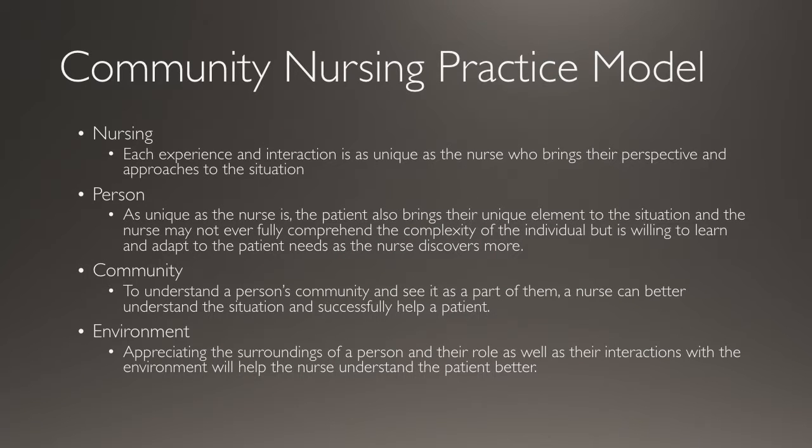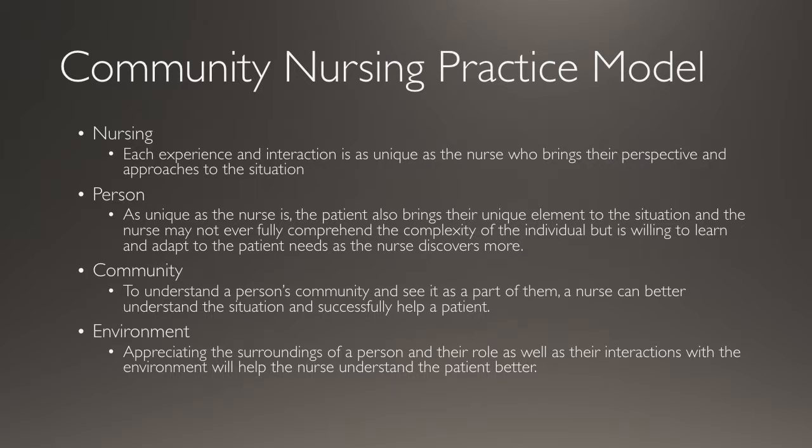So, the four interrelated themes in the community nursing practice model are nursing, person, community, and environment. Regarding nursing, this part really touches on how unique each nurse is and how he or she may perceive things depending on their past and present experiences.